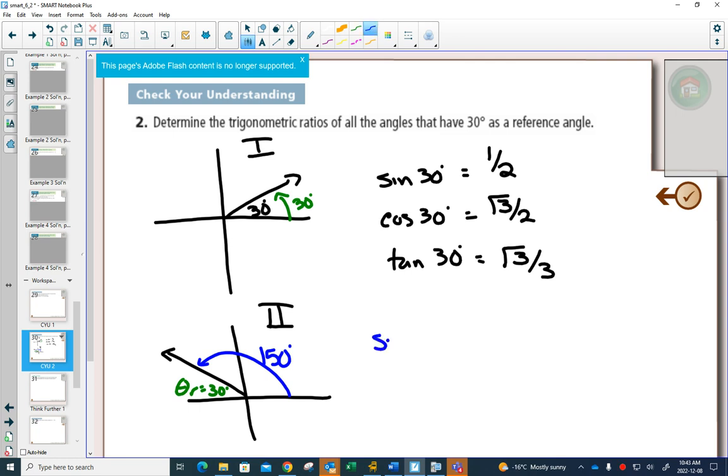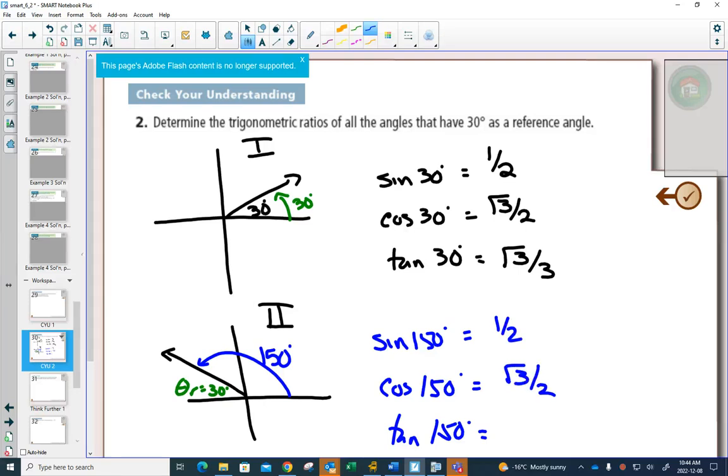And so if I wanted to figure out sine of 150, cos of 150, and tan of 150, the answers are going to be identical to the 30-degree one. So I'm going to get 1/2, root 3 over 2, and root 3 over 3, but some of them are going to be positive and some of them are going to be negative. So I'm going to start by just writing them all out. They're going to stay the same. That's the power of the reference angle.